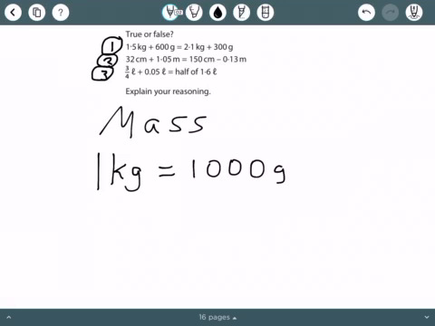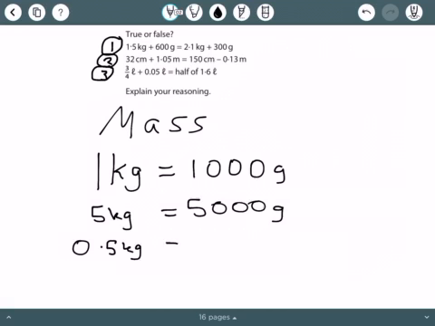So then from that, you know that if you were looking at another measurement, if you're looking at 5 kilograms, that would be 5,000 grams. 0.5 kilograms, well, that's half, so that would be 500 grams.